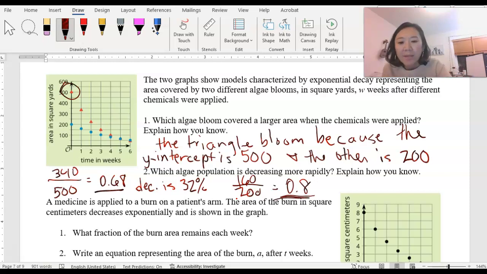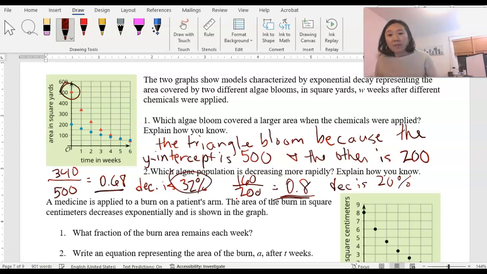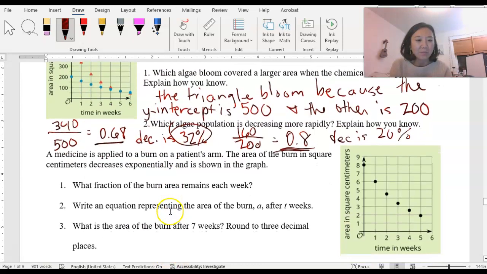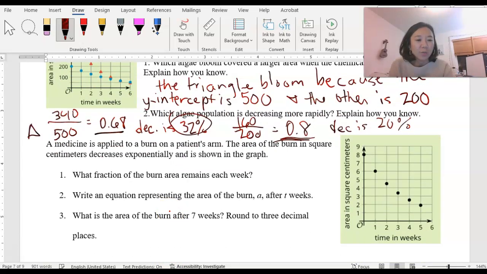So 80% remains, which means the decrease is 20%. This means that the triangle is decreasing faster because it's decreasing by 32% each time, whereas the circle one is decreasing by 20%. So we'll say triangle is decreasing faster. Notice that the amount left is less than this one, which also shows us that it is decreasing faster because less is remaining each time.